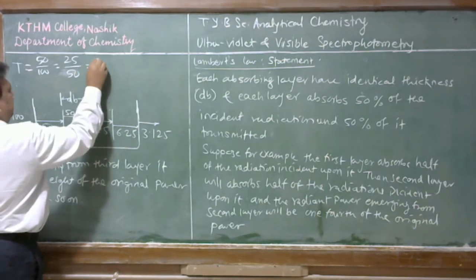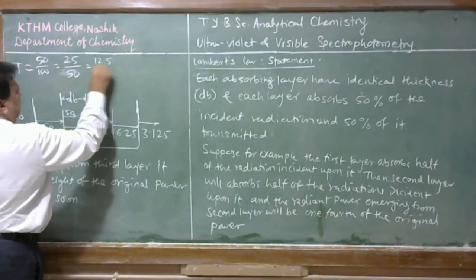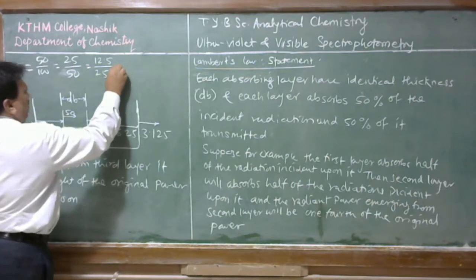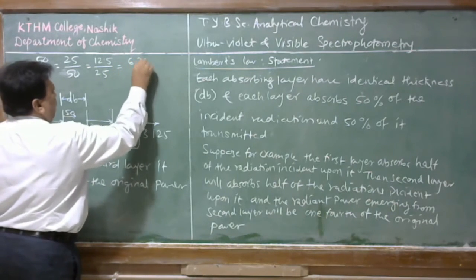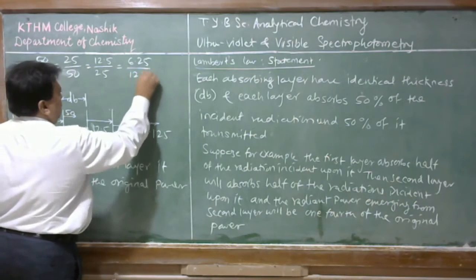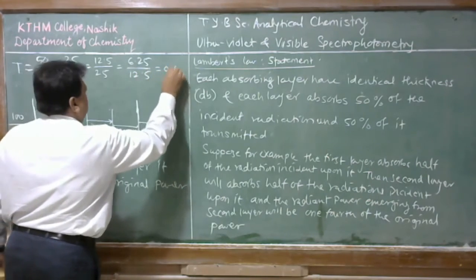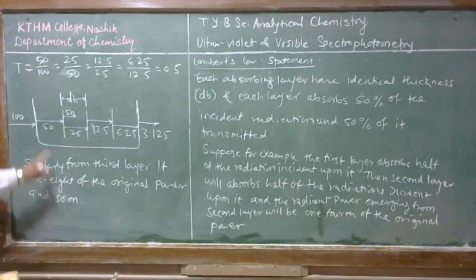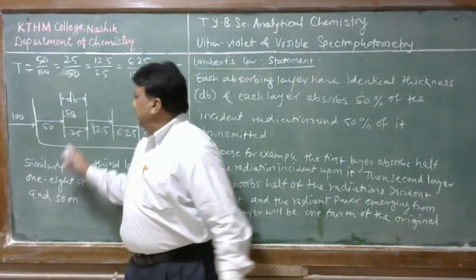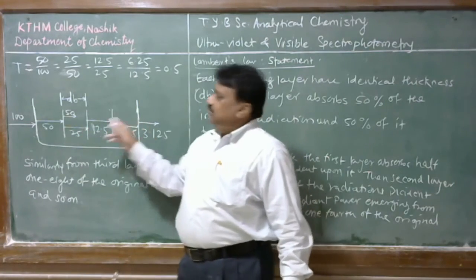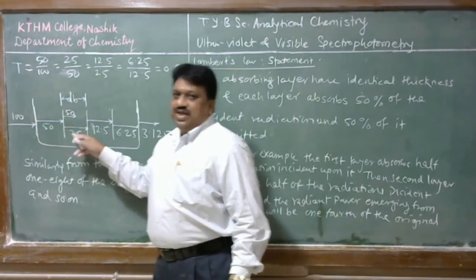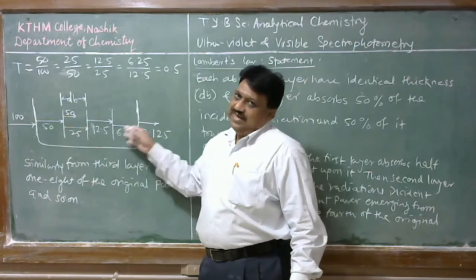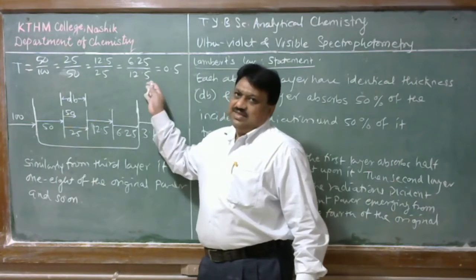For the third layer, it is 12.5 divided by 25. For the fourth layer, it is 6.25 divided by 12.5. That is equal to 0.5. That means the transmittance of each layer is identical, because each layer absorbs an equal fraction of the radiant power.